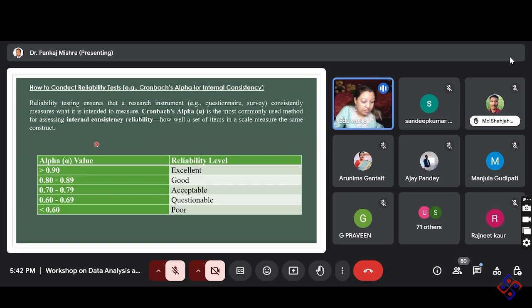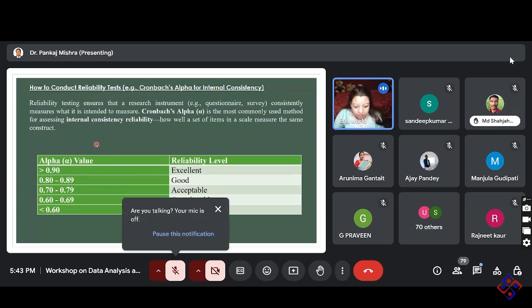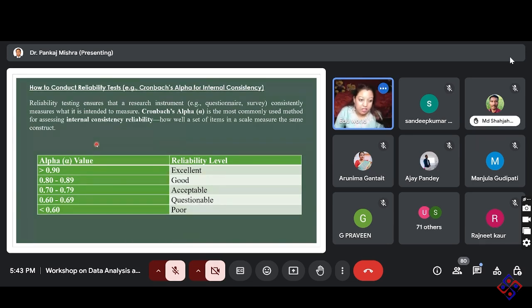When it comes to 0.60, whether we should accept those items or not becomes questionable. Below 0.60 we are not considering those items; we have to eliminate them, and if we want we can frame new ones, or after eliminating, we can conduct the data collection with whatever items are left. But the number of items has to be sufficient. It's not like only 10 or 15 items for your thesis. That is not sufficient.